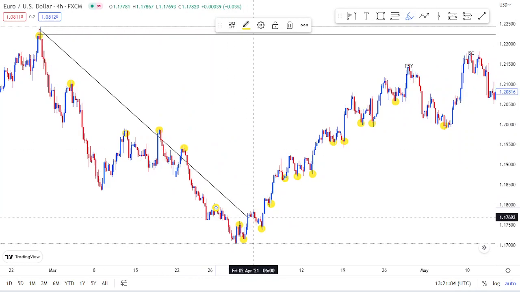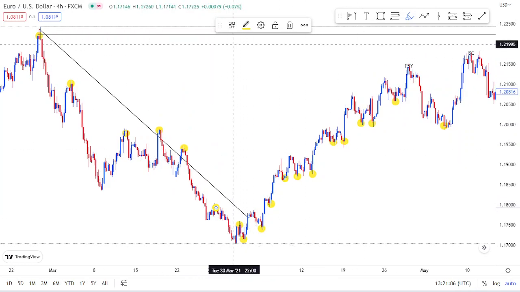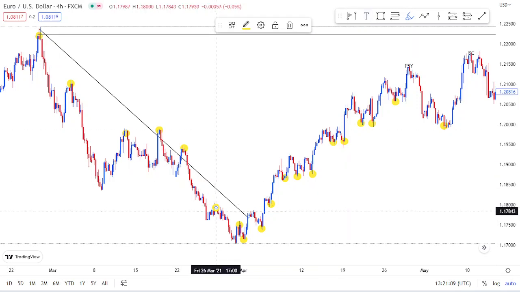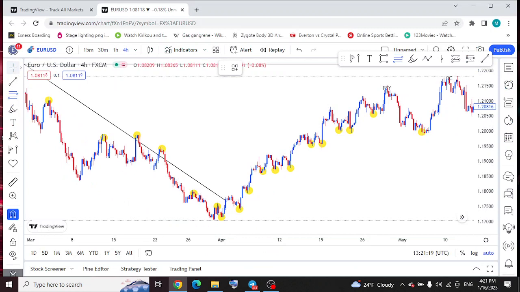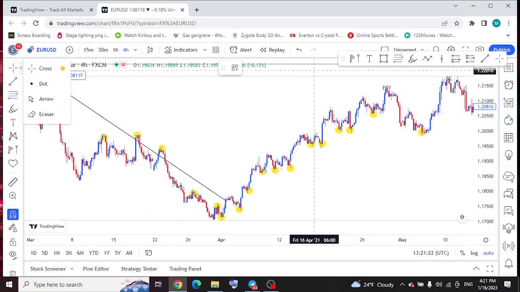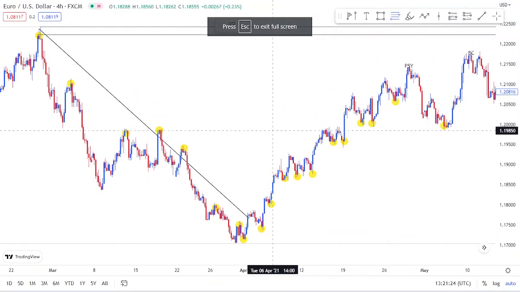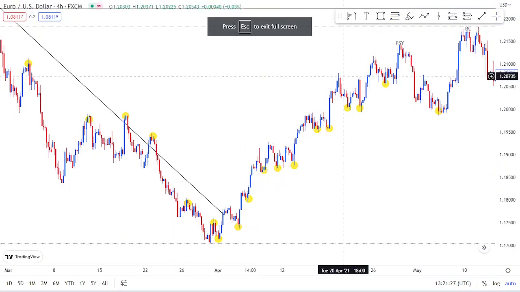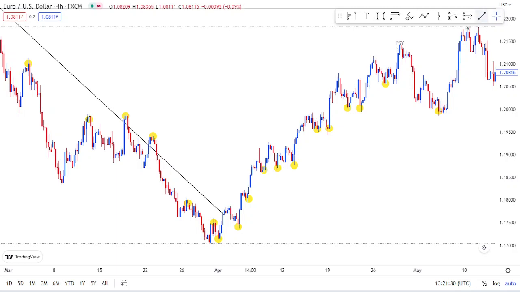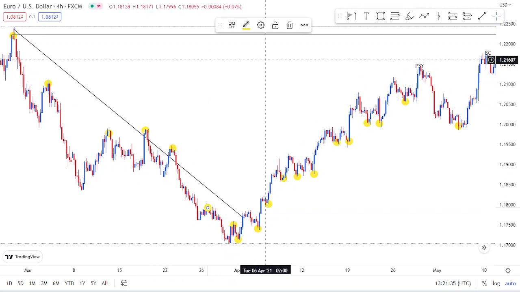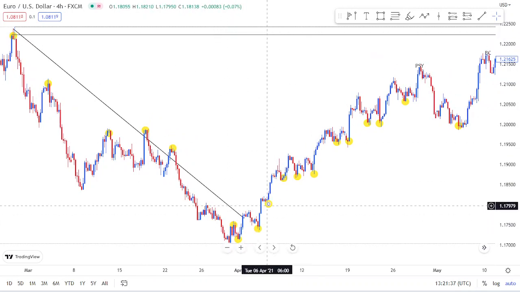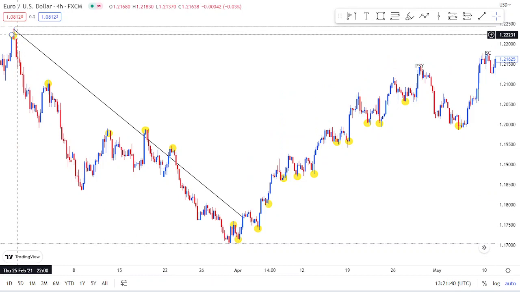So once we break these short-term highs, everything inside here becomes internal range liquidity, because now price is moving to the upside. All this becomes internal.